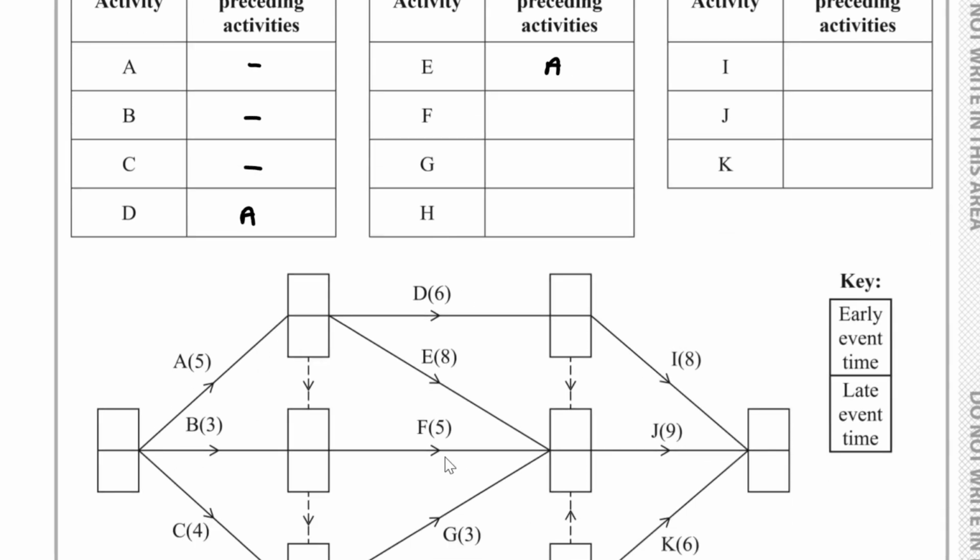Now, when we come to look at activity F, of course, activity F depends on B. What you can also see, through this dummy, activity F also would depend on activity A completing. So activity F is preceded by A and B.